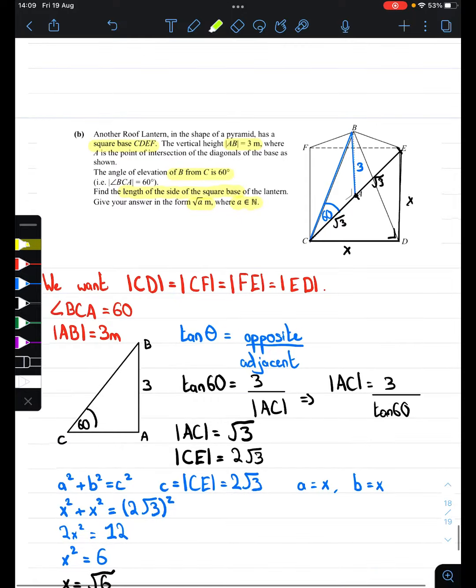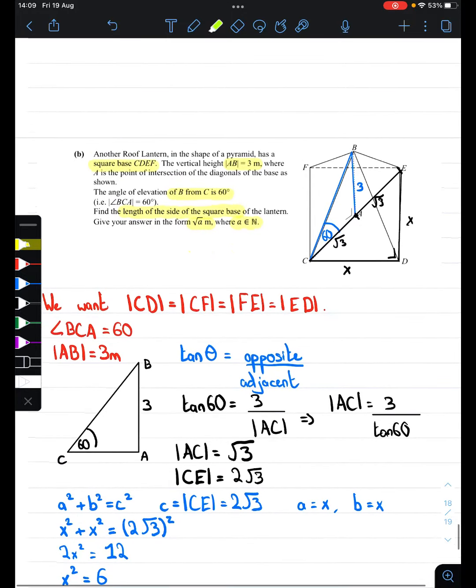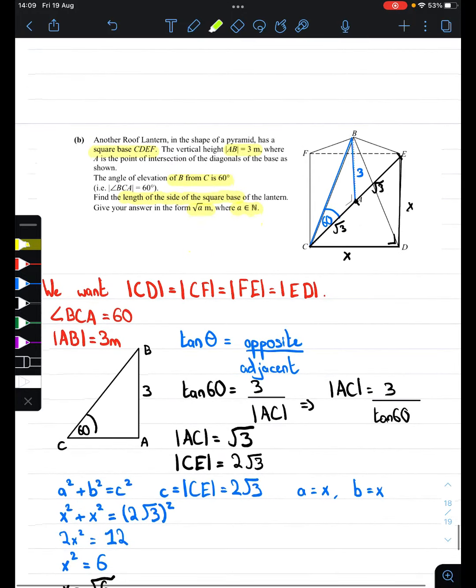So, identifying what it is we want, these lengths here, writing down the information that they've given us, the angle and the height of B, and figuring out, using that information, what can we find? We know we can find this length here.